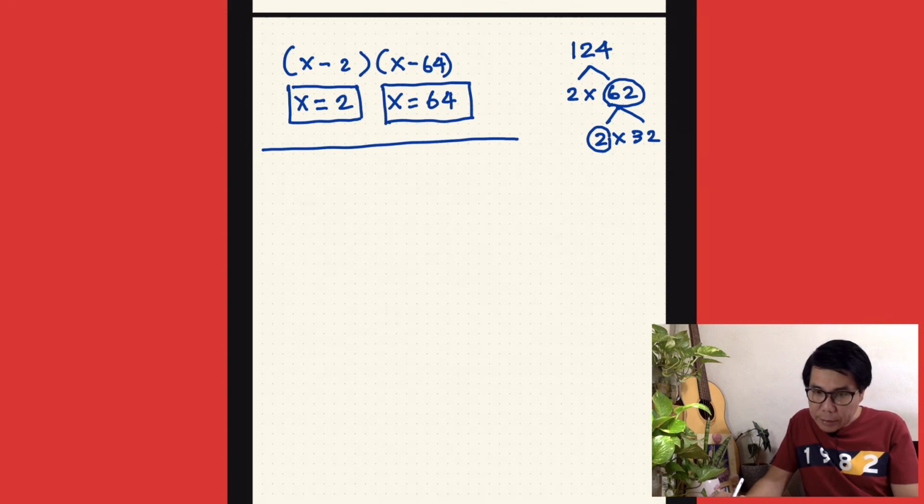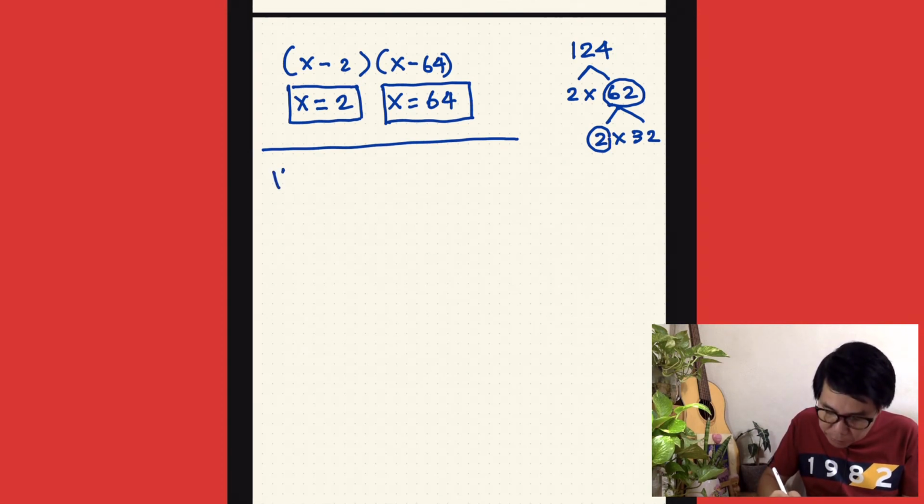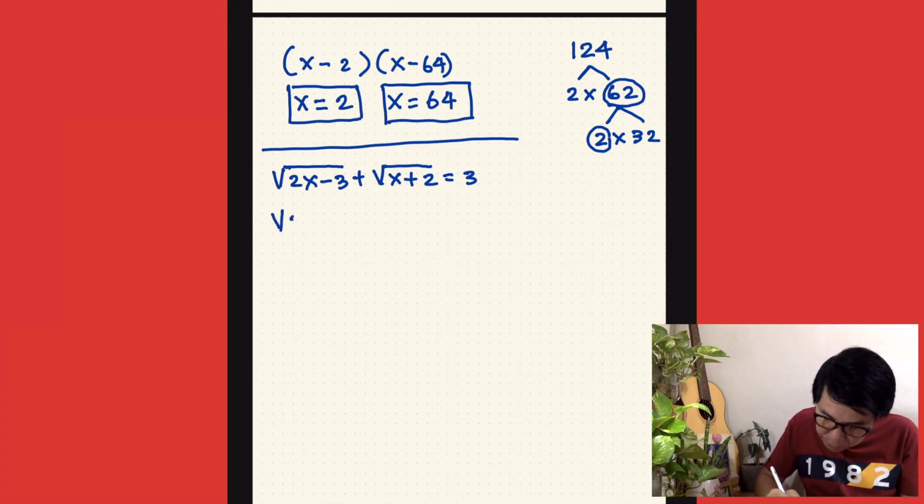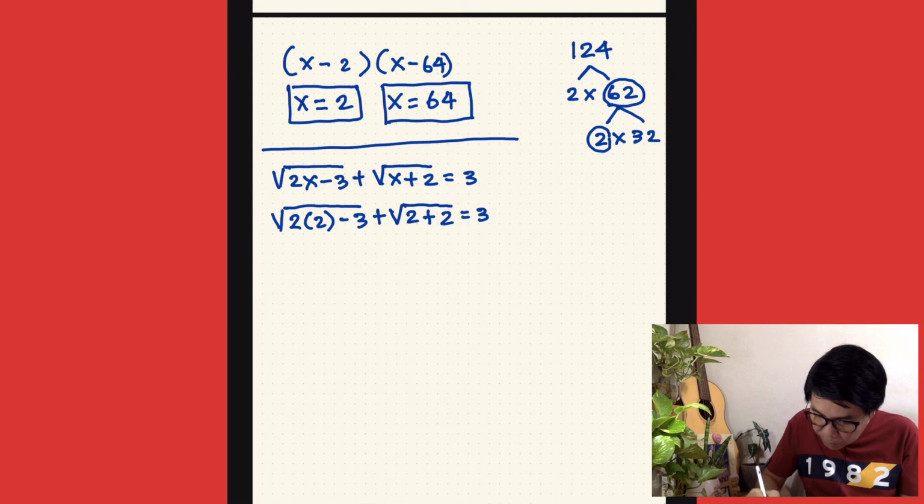So let us go back to the original equation: square root of 2x minus 3 plus square root of x plus 2 equals 3. If it is 2, let's substitute 2: square root of 2 times 2 minus 3 plus square root of 2 plus 2 equals 3.